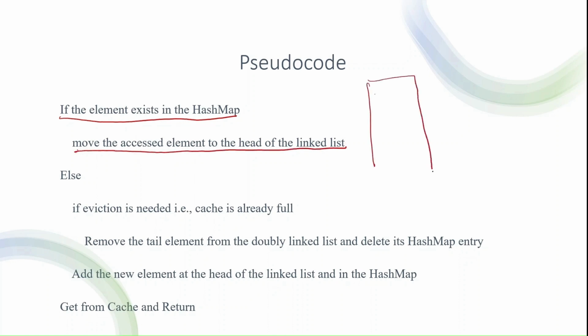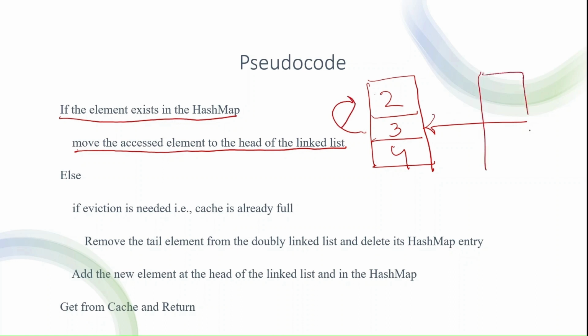Let's say the processor asks for the value 3, we'll have to move it to the head of the linked list. The new linked list, the new cache, will look like 8 and 4 and 3 to 4.